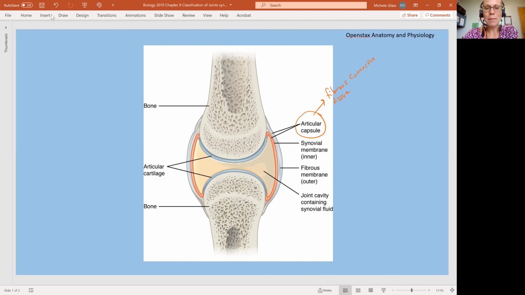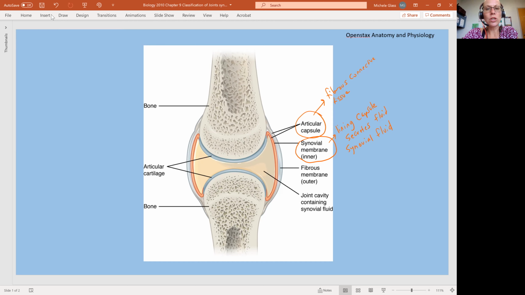And then we see immediately inside the capsule, the synovial membrane. The synovial membrane is lining the capsule, surrounding the joint cavity, which is this space. And it's actually secreting a fluid called synovial fluid.